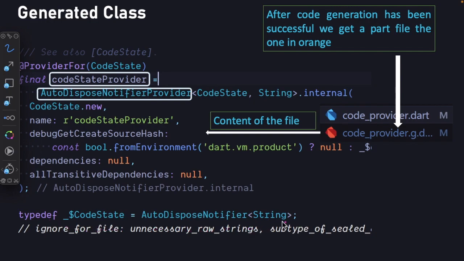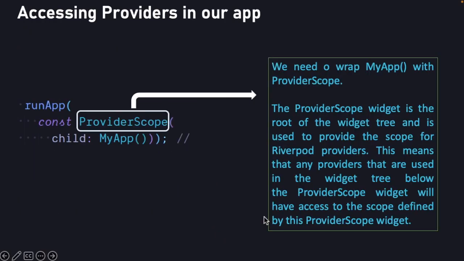The type definition is going to be AutoDisposeNotifier, and here it's a string, because we were working with a string. So our type definition for this generated class is going to be a string. So that's all for code generation.